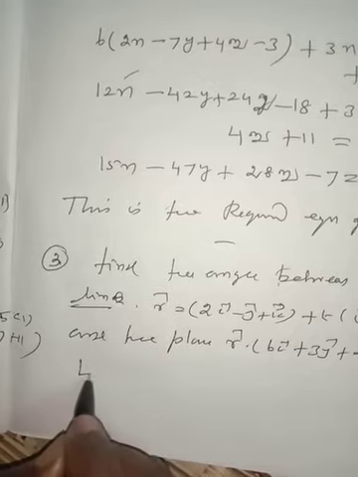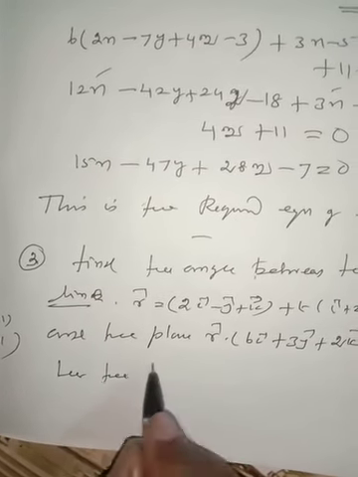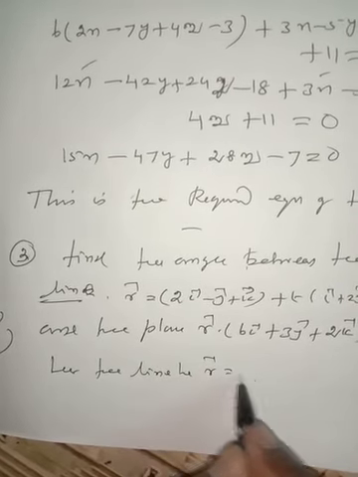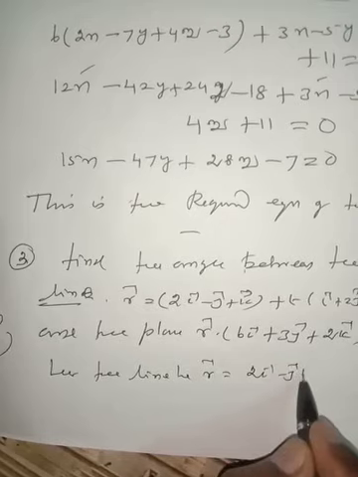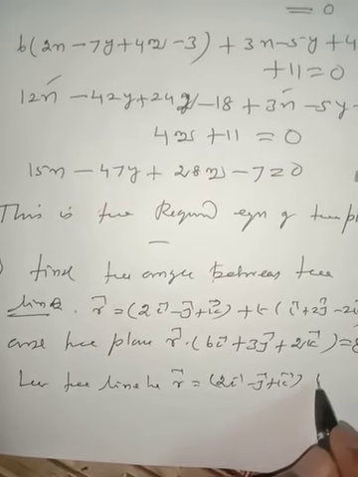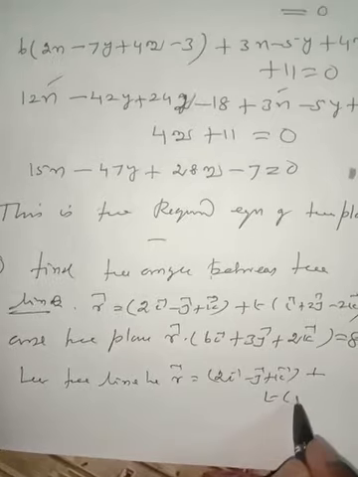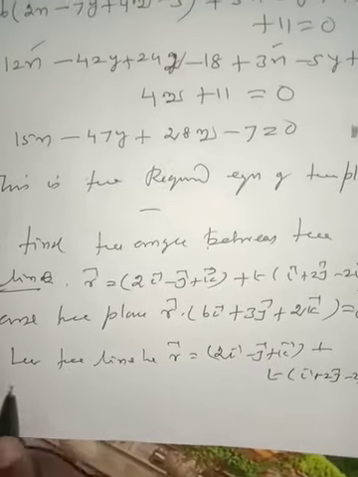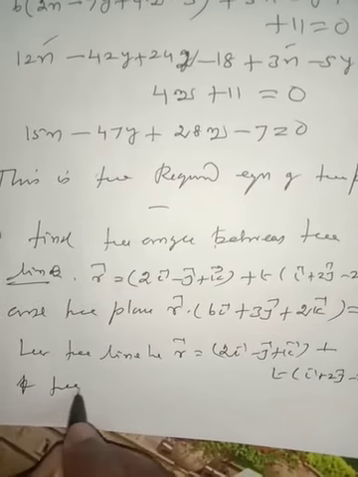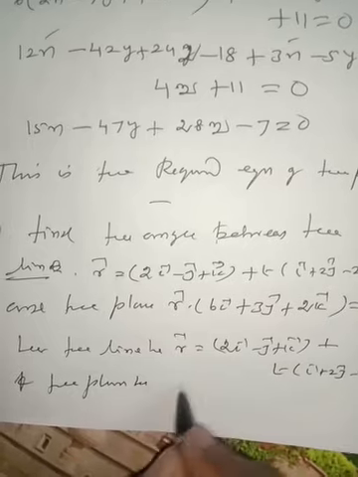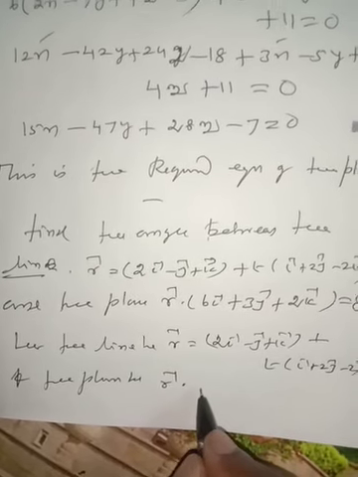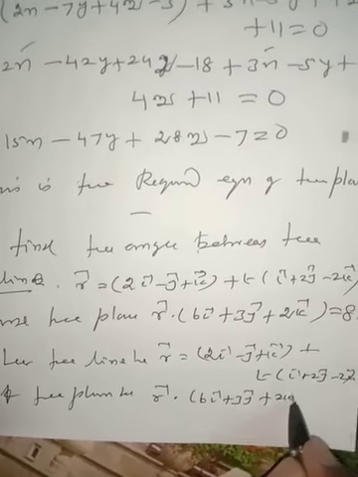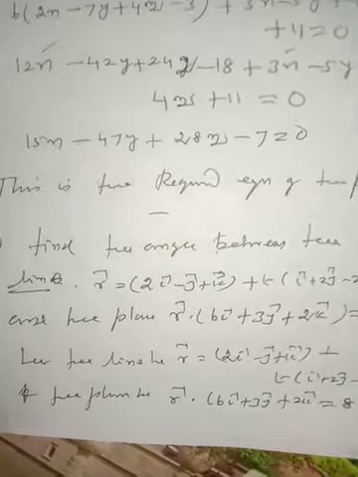Therefore, let the line be r vector is equal to 2i vector minus j vector plus k vector plus t of i vector plus 2j vector minus 2k vector, and let the plane be r vector dot 6i vector plus 3j vector plus 2k vector is equal to 8.